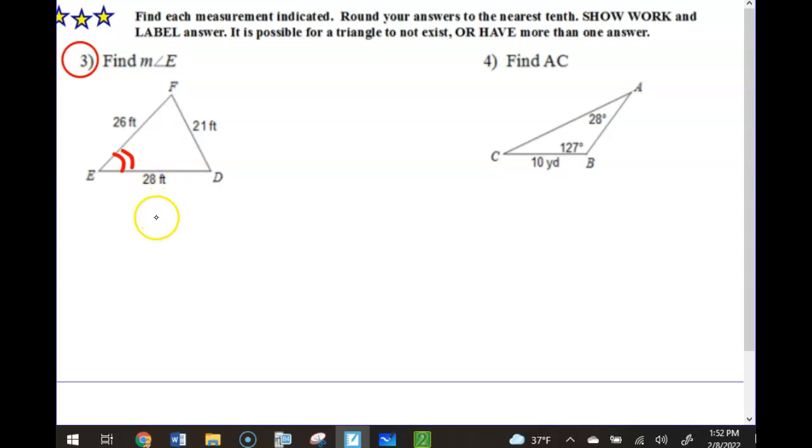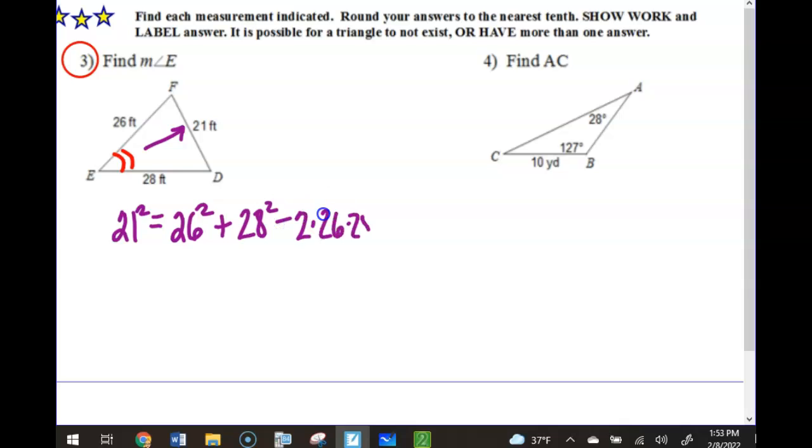If you're finding E, you would start with the side across from it. So we do 21 squared equals, then what? No matter which side you use next, 26 squared plus 28 squared minus 2 times 26 times 28, whatever order, times the cosine of E.